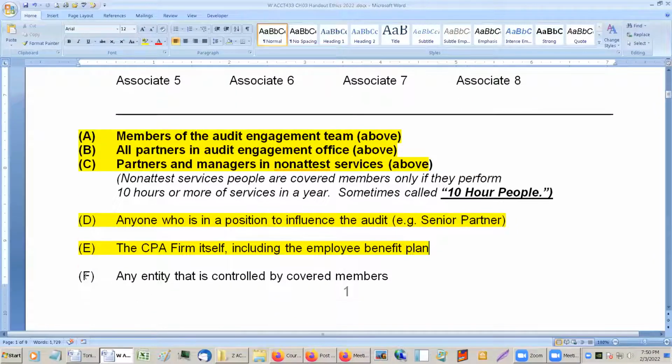The CPA firm itself is a covered member. And any entity that is controlled by covered members. If more than 50% of it is controlled by covered members, it's also considered a covered member.